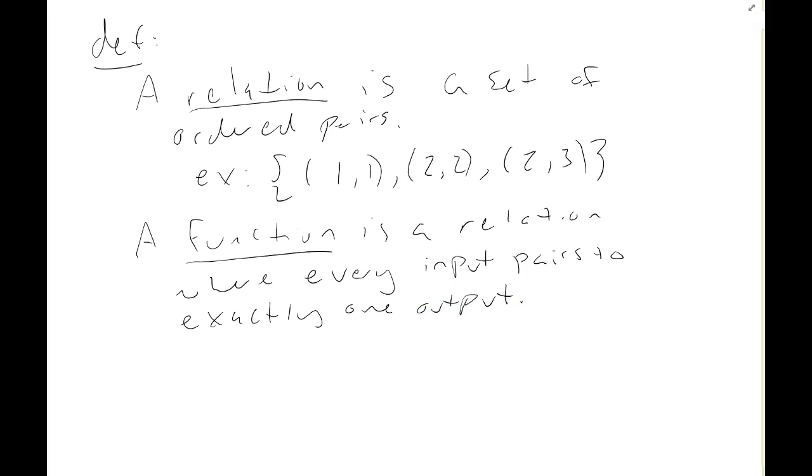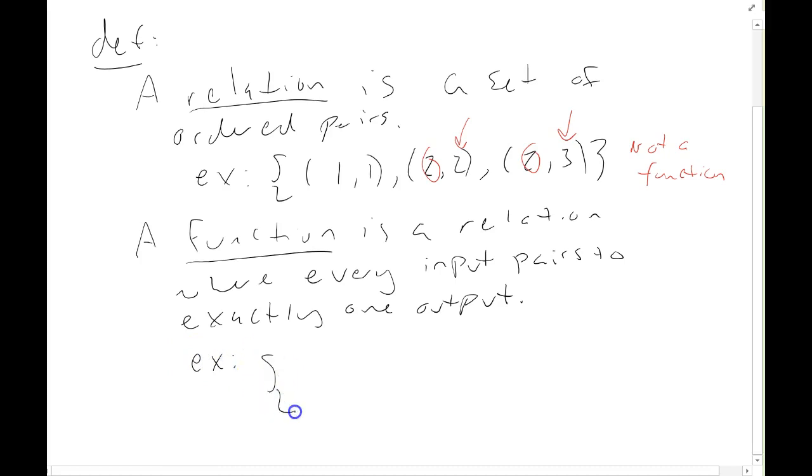So in the case above, this is not a function because we have the input of 2 that pairs with 2 different outputs. An example of something that is a function: I could have (1, 1), (2, 2), and then instead of having (2, 3), maybe I'd pick a different x that I haven't used already, like (3, 3).